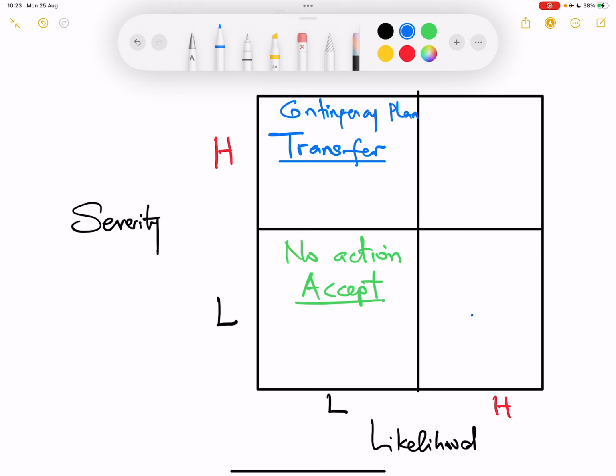Here is a possibility of having a high likelihood, which means it will always or mostly going to happen if you don't do anything. Though the severity is very minimal, is low, but literally because it happens frequently, even with little severity, if it happens so many times and you accumulate little severity, it might become high severity.